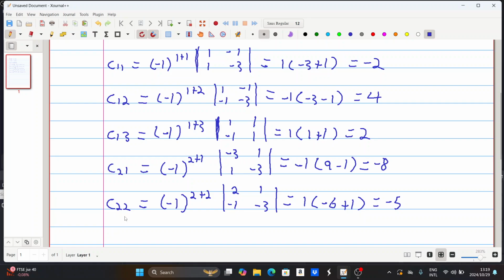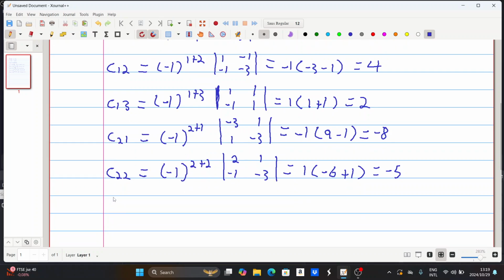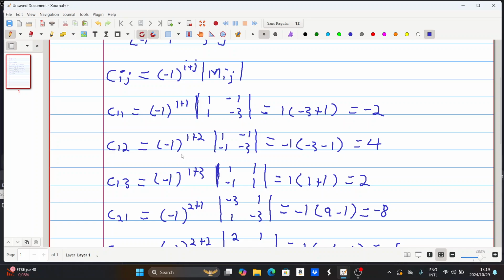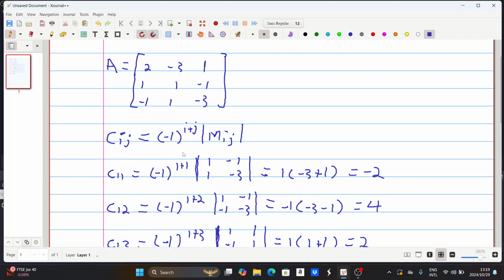Then we're going to have C23, which is going to be minus 1 to the power 2 plus 3. Then we're going to go and look at the minor of 2, 3.